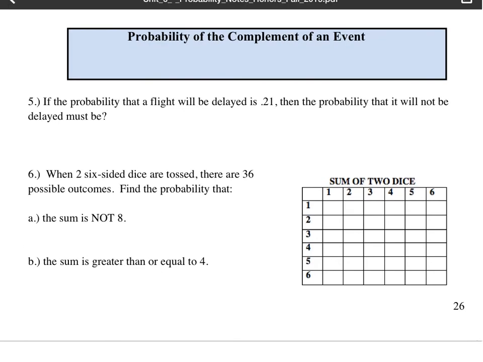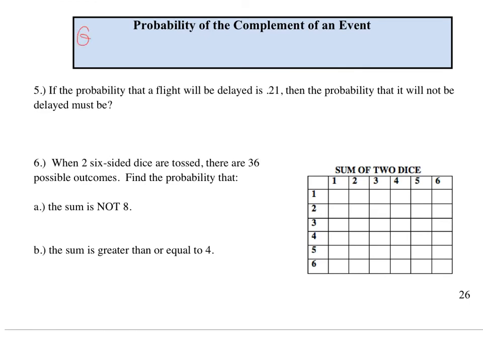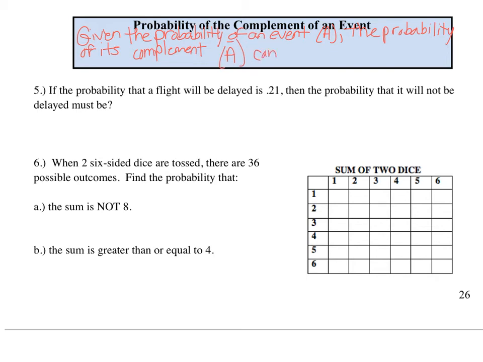So if you are given the probability of an event, and we're going to refer to it as capital A, the probability of its complement, so its opposite, which we show as A bar, can be found by subtracting the given probability from 1.